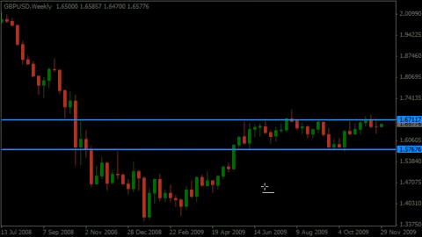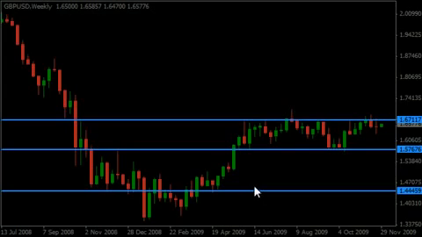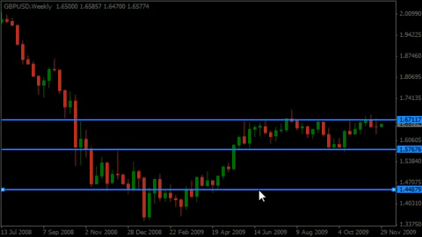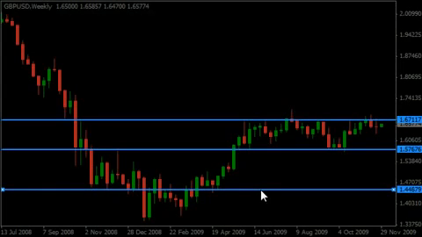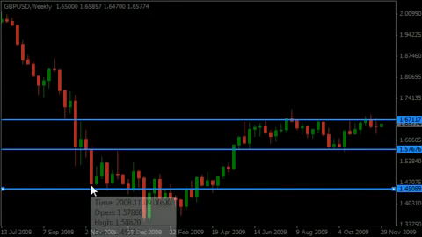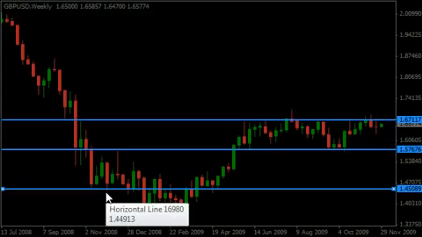Let's see if we can find another point that we can add in. Maybe another point about there. We're looking for a point where price bounces backwards and forwards between one side and another. Now we can see here support, slight push through here. That doesn't matter. We're not looking for exact lines.